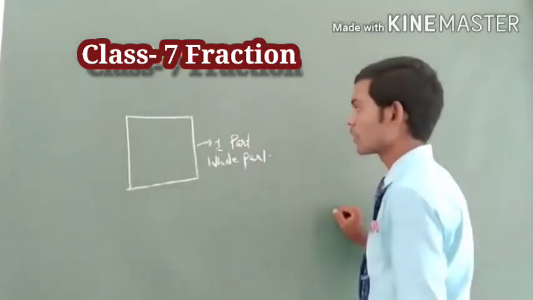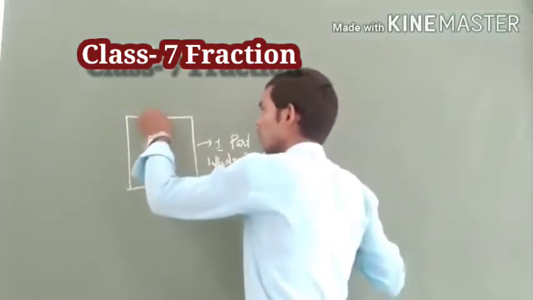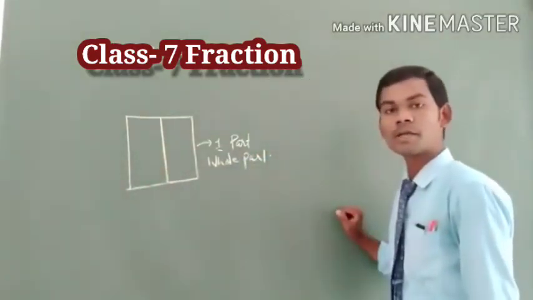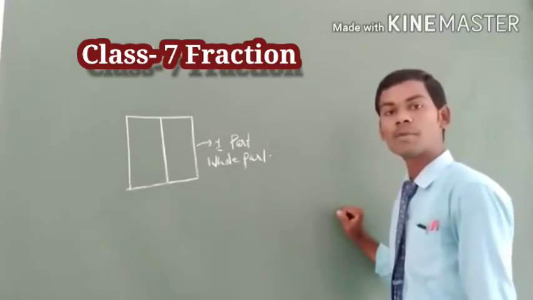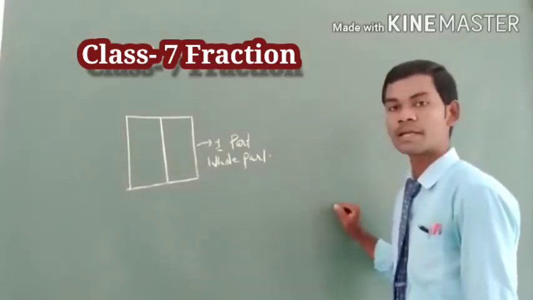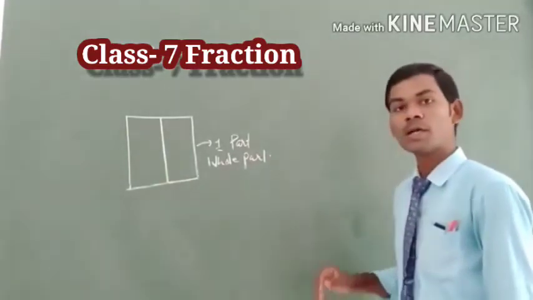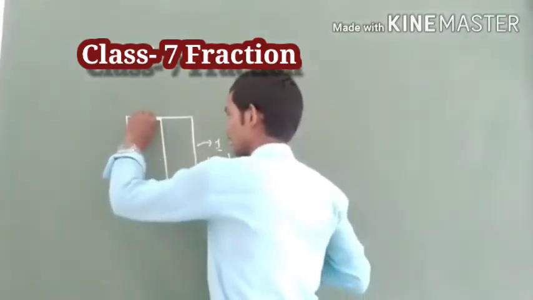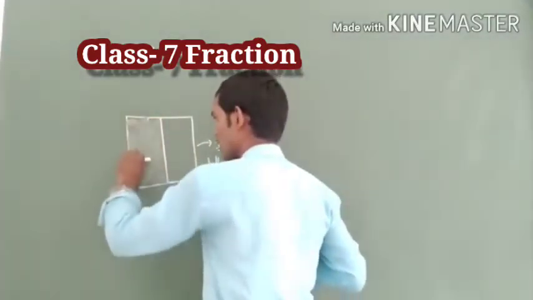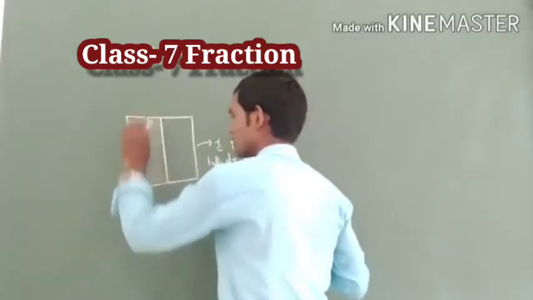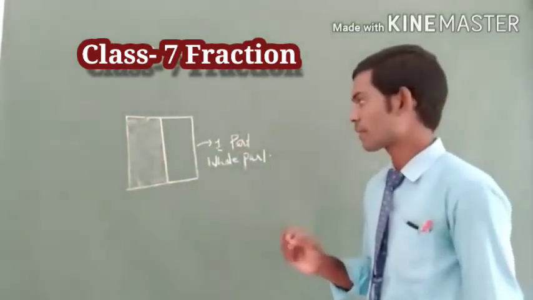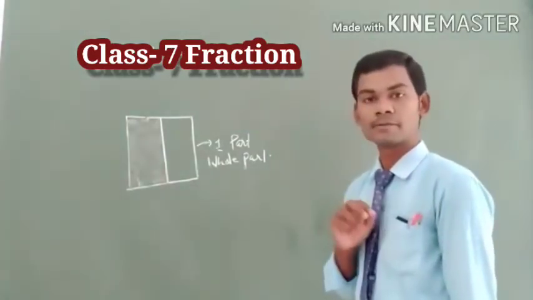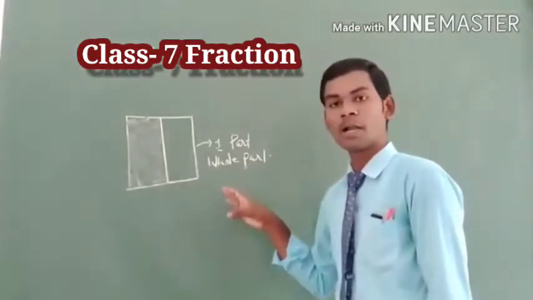But if we divide any object into a number of equal parts, suppose that here I divided the square into two equal parts, then if we shade one part of this square, here we can see that one part is shaded and the other part is blank.